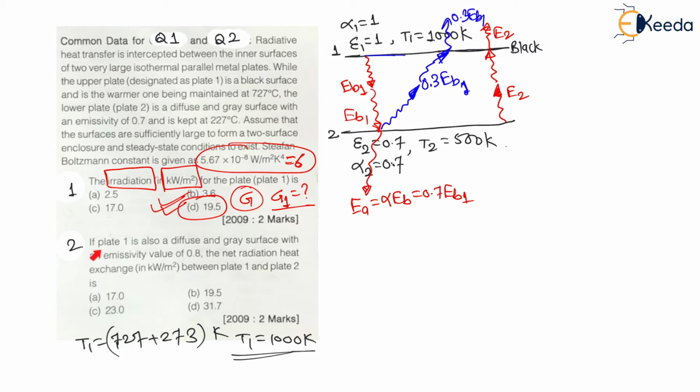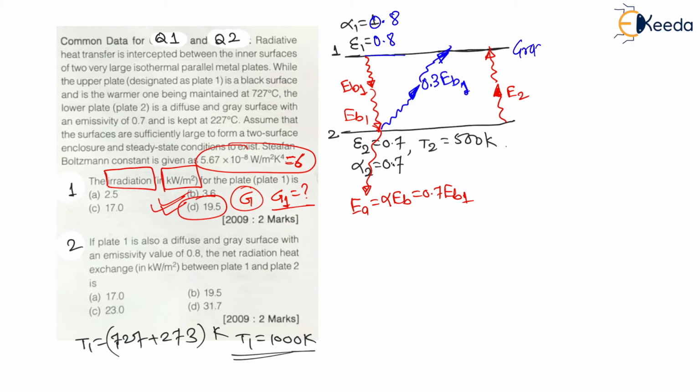The second question is, if plate 1 is also a diffuse and gray surface with an emissivity value of 0.8. Now my dear students, initially plate 1 was a black surface, but now they are asking to consider this as a gray surface. It is now not a black surface, therefore it is not a perfect absorber, right? With emissivity of 0.8, absorptivity is also equal to 0.8.